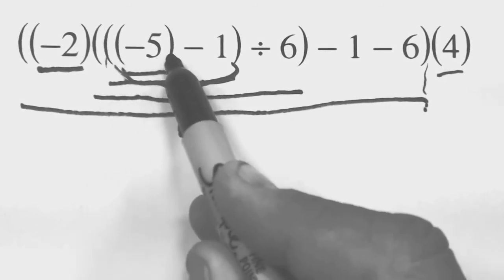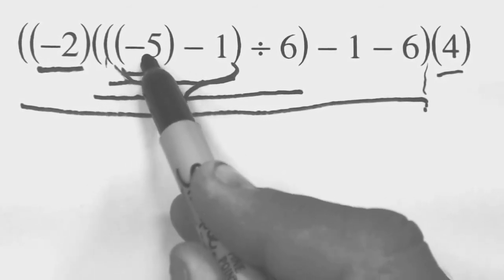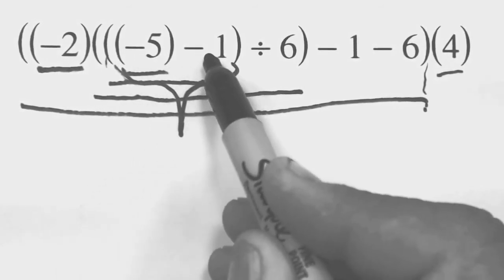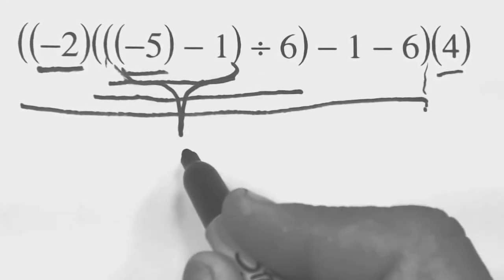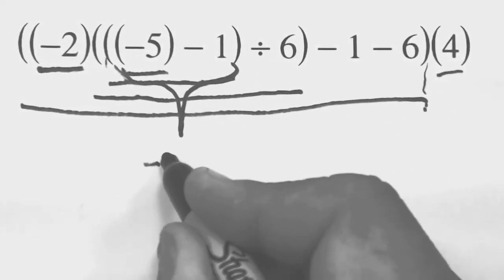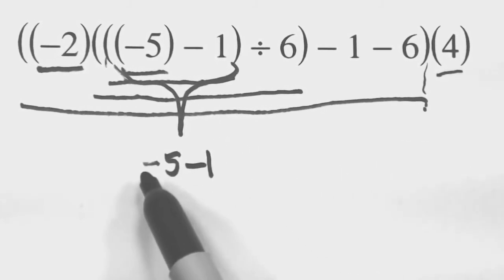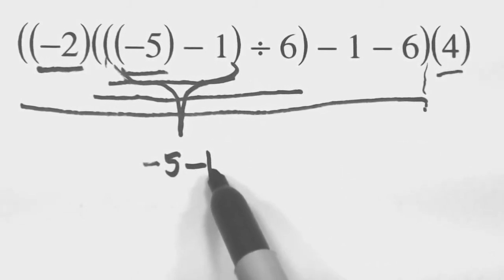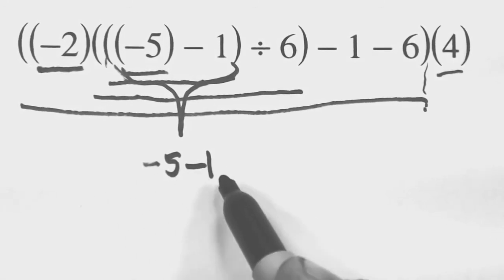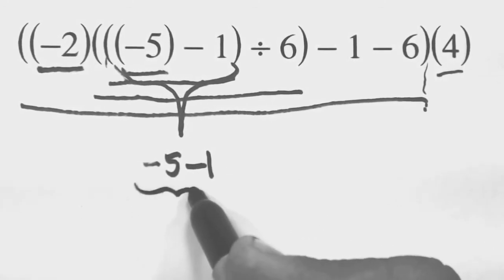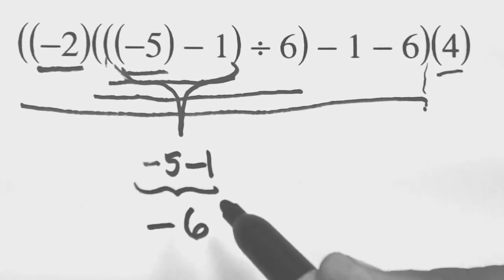Okay, well, this whole guy here we've got to work on. Inside him, we have this grouping symbol, but it's a single number, and we have a -1. So what's inside of this is -5, -1. Okay, those both have single signs, so -5 and -1 combine to -6.